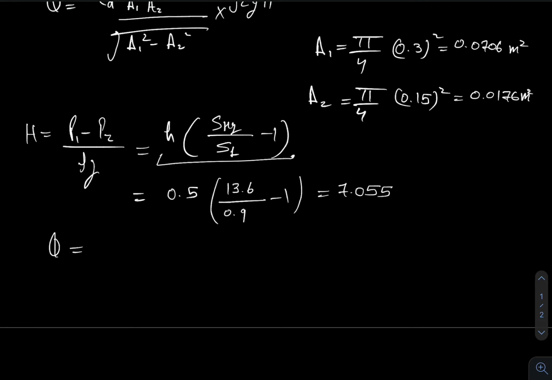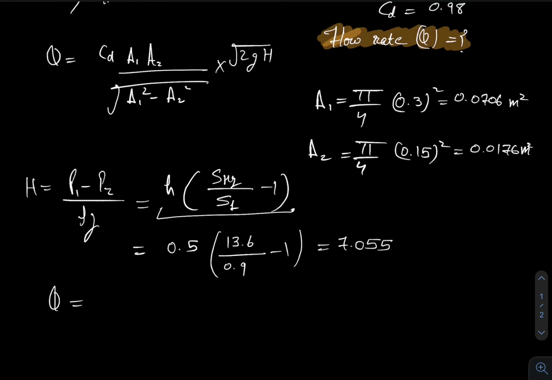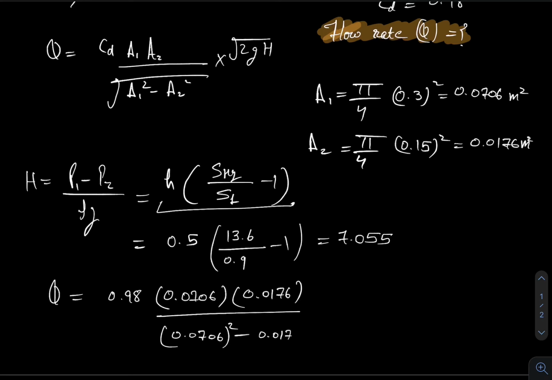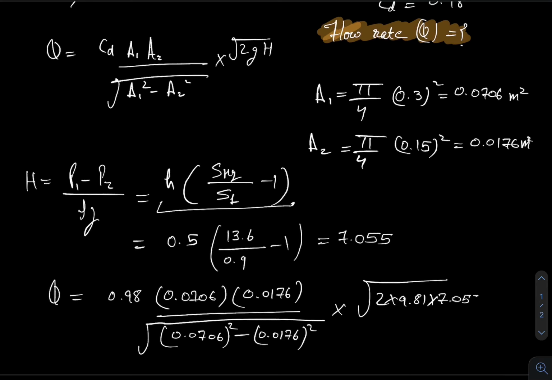So now I need to calculate the discharge. So I know the values. What is my CD? 0.98 multiplied by A1 A2, 0.0706 multiplied by 0.0176, divided by the square root of 0.0706 whole square minus 0.0176 whole square, multiplied by the root of 2 times 9.81 times 7.055.